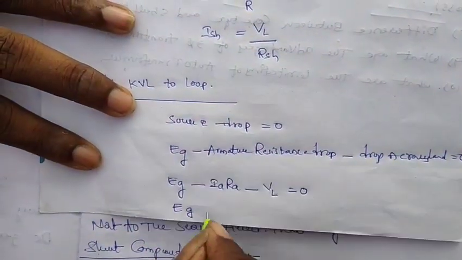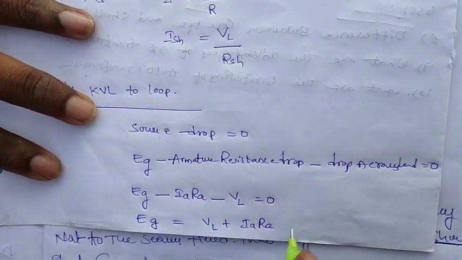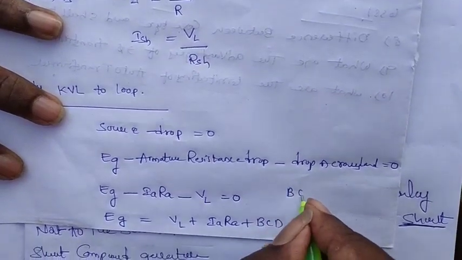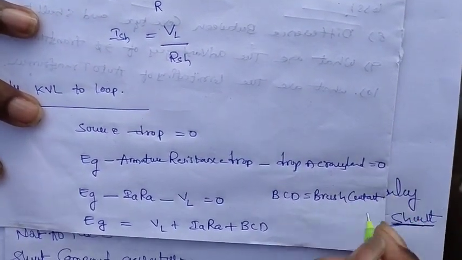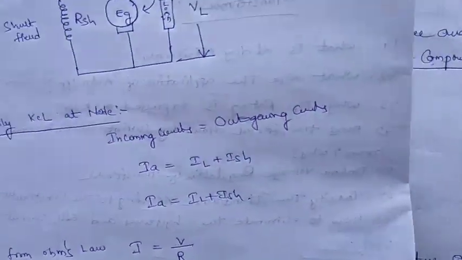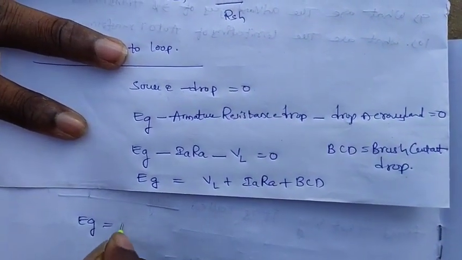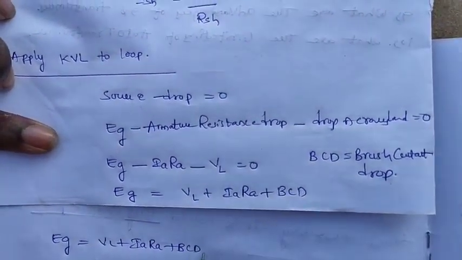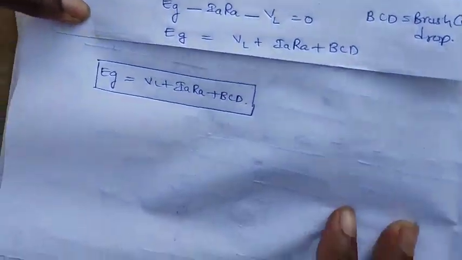The formula for EG equal to VL plus IA RA plus brush contact drop, BCD. So final EG equal to VL plus IA RA plus BCD. This one is the developed one.